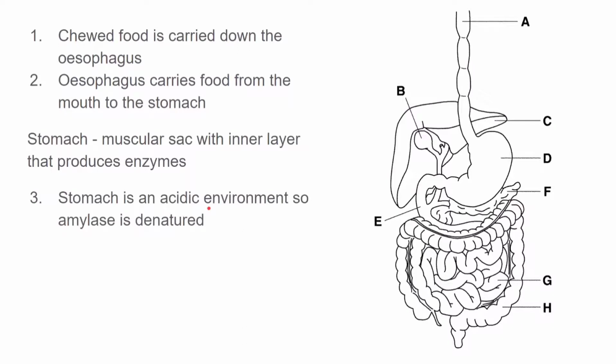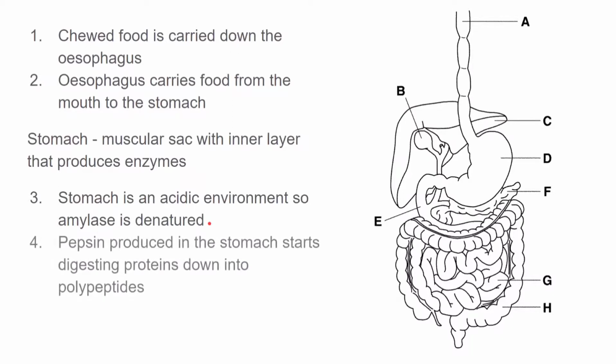And so we know that the stomach is an acidic environment as it contains HCl, hydrochloric acid. So the amylase from our saliva is denatured because it's in the wrong pH and it breaks the bonds in these amylase enzyme proteins. So the digestion of starch into maltose stops.